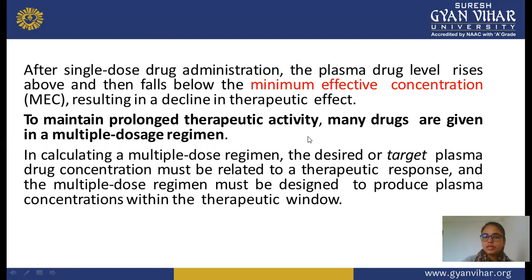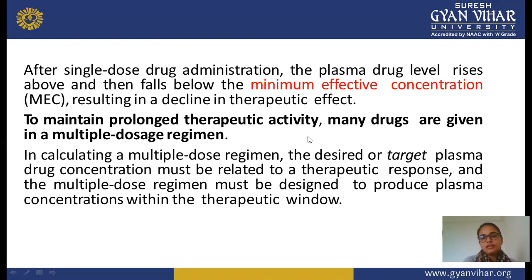A drug is given in multiple doses so that you can maintain the therapeutic effect of that drug. After one dose, the concentration falls and the therapeutic response falls, then we administer the second dose so that you can maintain the therapeutic effect for the desired time period.